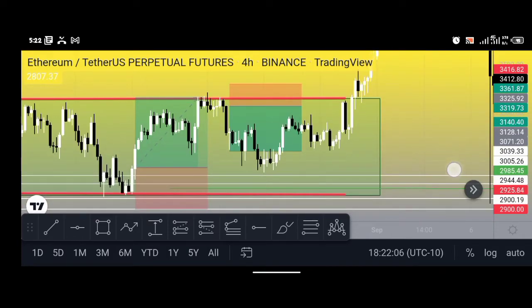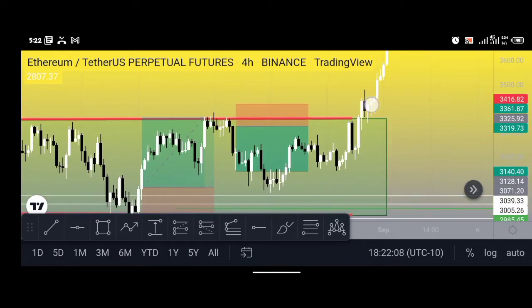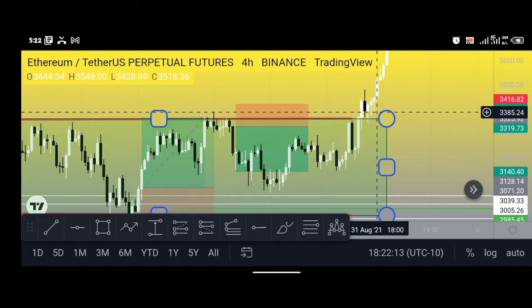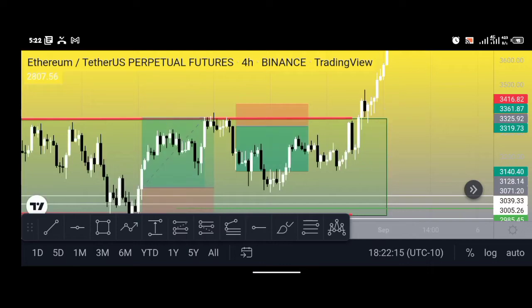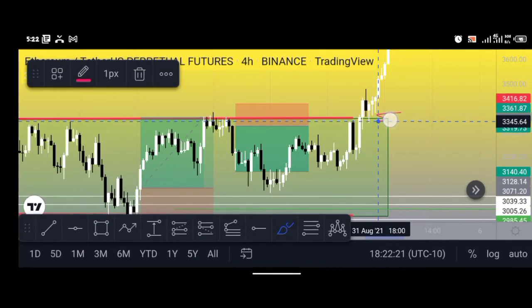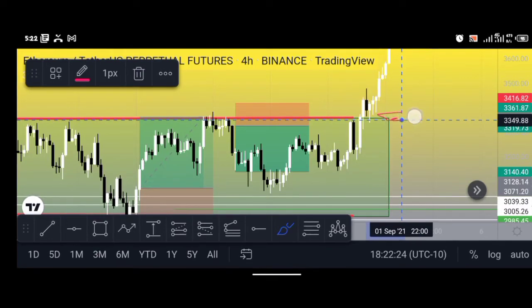After waiting for the breakout of the zone, you wait for the candle to retest that resistance level, that resistance line. You wait for the candlestick to retest it.